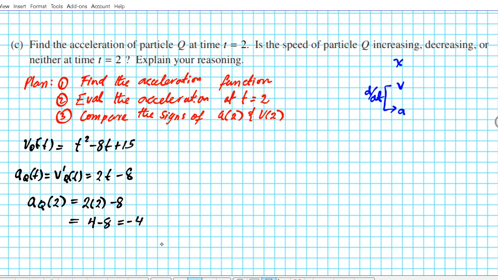That's the first answer. And then next, we need to find if the particle's speed is increasing or decreasing, or neither.